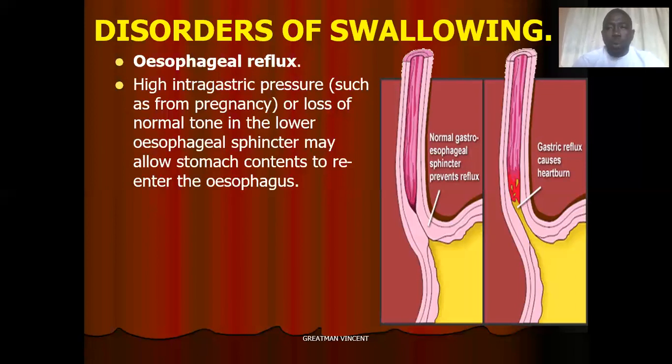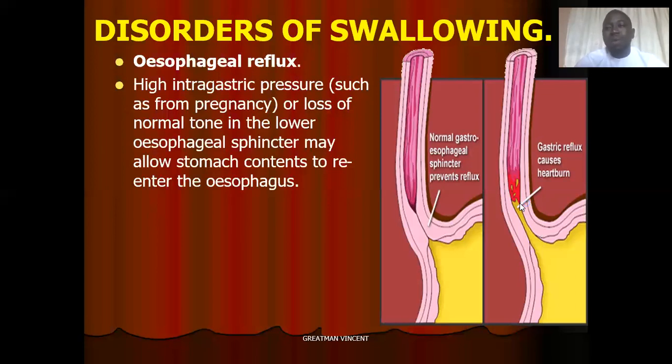So that is what is supposed to happen in normal times. But in an abnormal situation, the lower esophageal sphincter fails to contract. Because of that, if we have any increased pressure in the gastric content, it can push some of its content back into the esophagus, and we don't want that to happen.